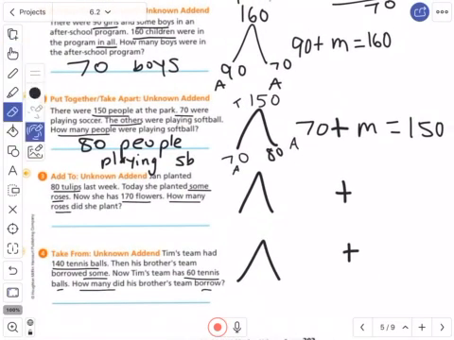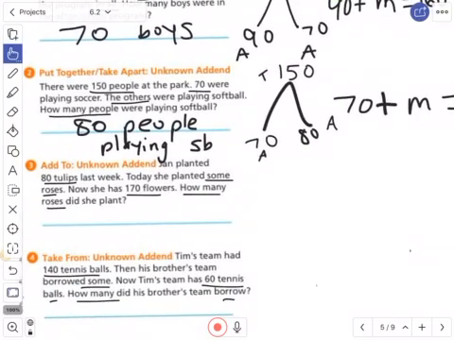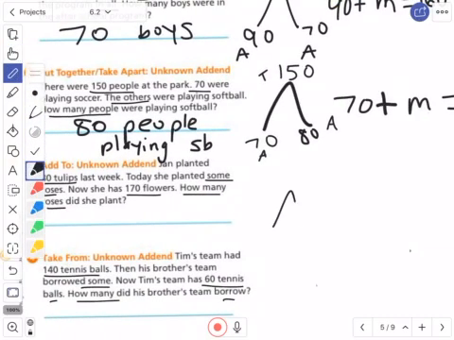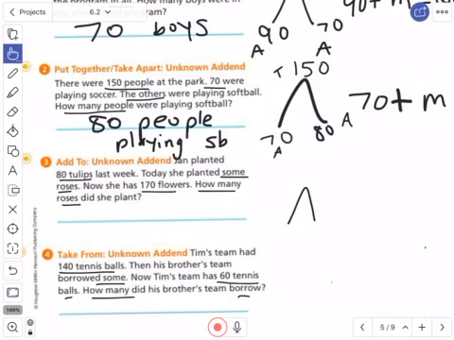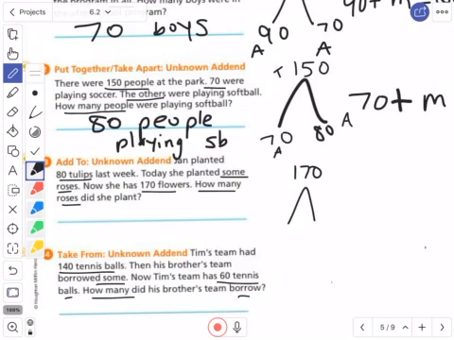Now I'm running out of space here, so I'm actually going to erase these two to make a little bit more room. Okay, so back to this one here. Jan planted 80 tulips last week. She planted some more. Now she has 170. Well, 170 is my total.